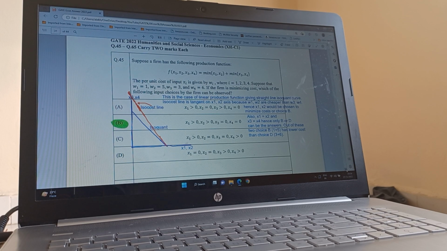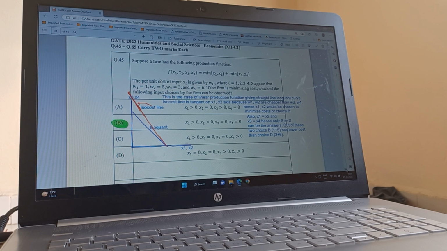It says, suppose a firm has the following production function f(x1, x2, x3, x4) equal to min of x1, x2 plus min of x3, x4. The per unit cost of input xi is given by wi, where i is equal to 1, 2, 3, 4.